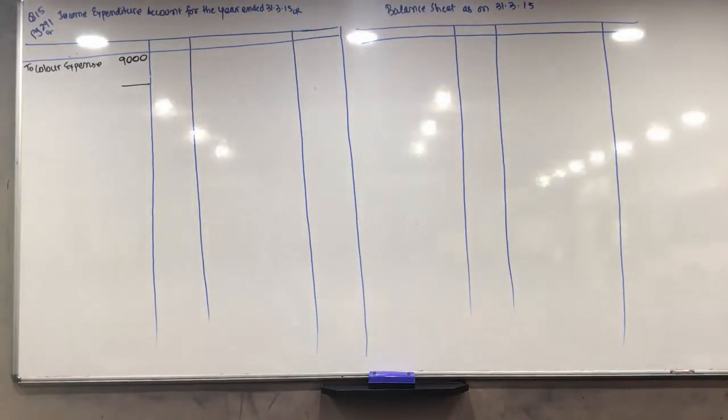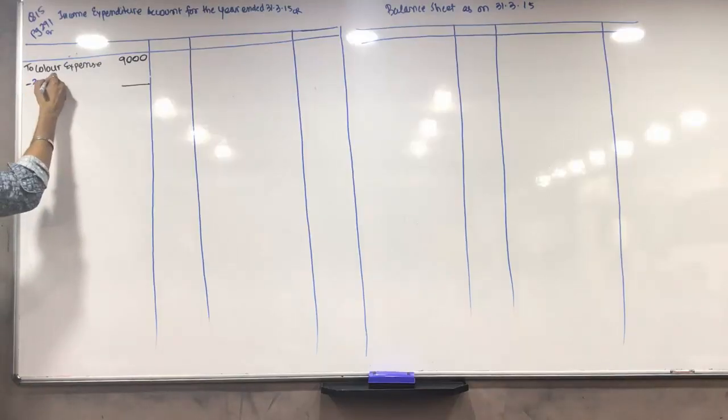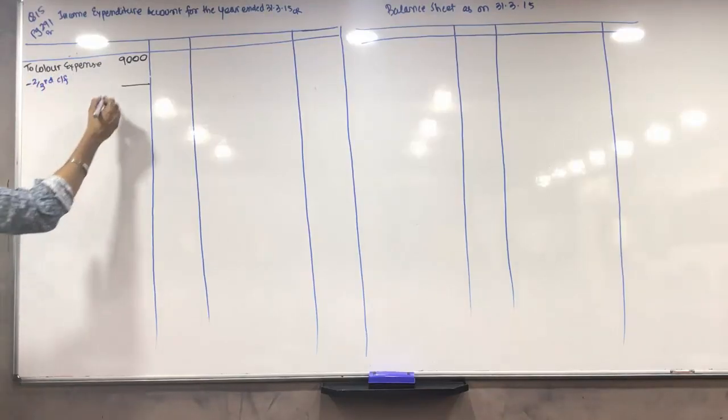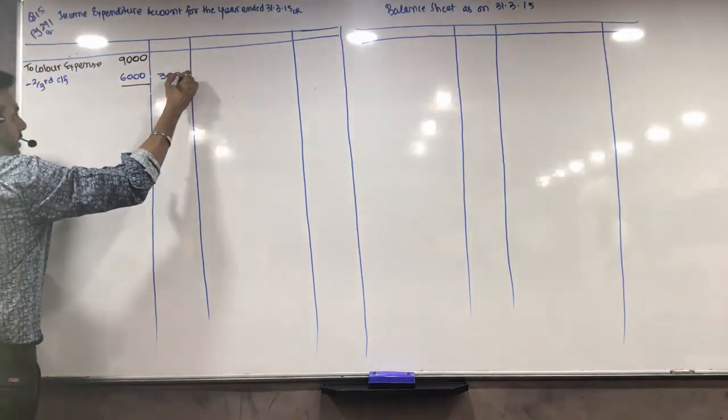We do that adjustment together. The adjustment is that 2/3 of the color work expense is to be carried forward to the next year. So minus 2/3 carried forward. 2/3 is how much? 6,000. So outer column 3,000.